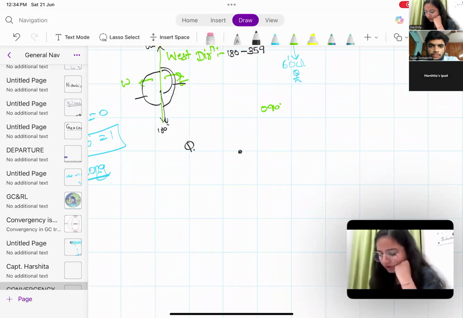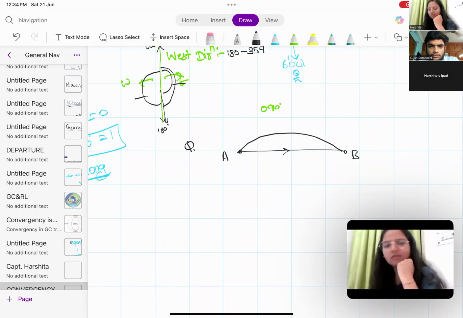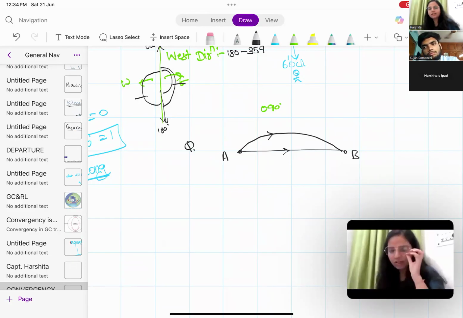You are going from point A to point B in the northern hemisphere. That means you are going like this. Since you are in the northern hemisphere, your great circle track would be like this. Happy with the diagram?